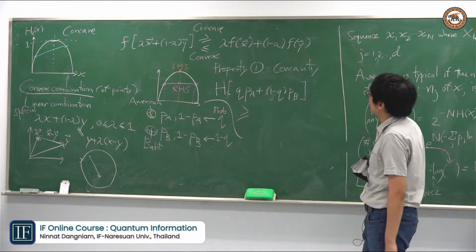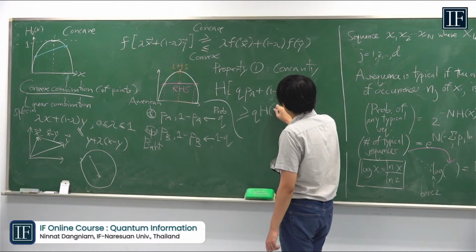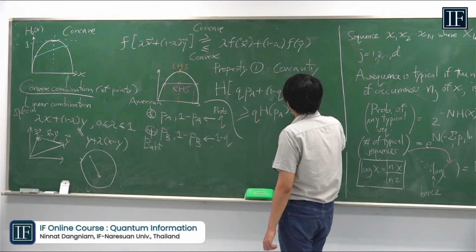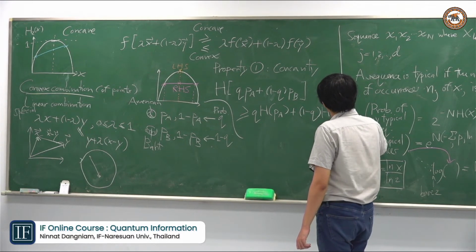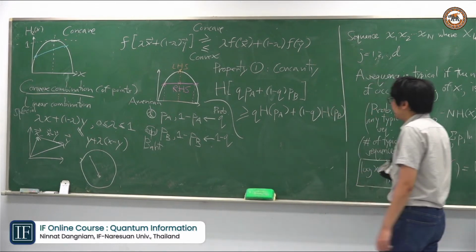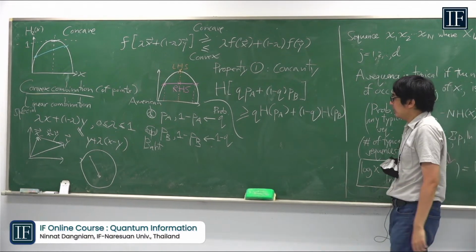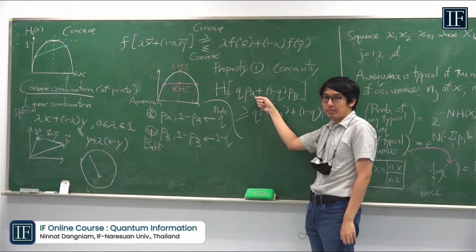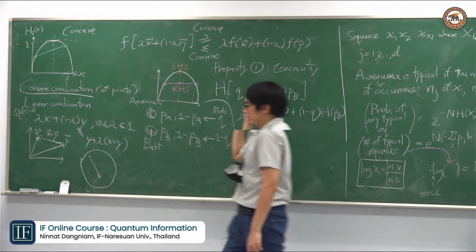The concavity says that this is this, which means that by tossing the coin, I would get more information.